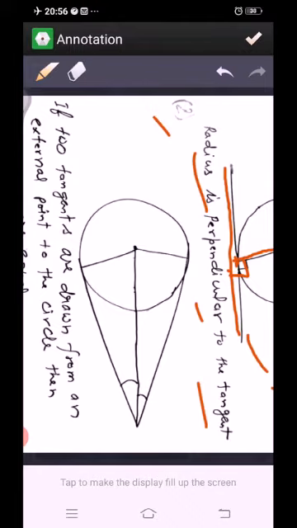Second thing, here we have drawn two tangents from a given external point. This is the external point given. From here we have drawn two tangents, you can see 1 and 2.